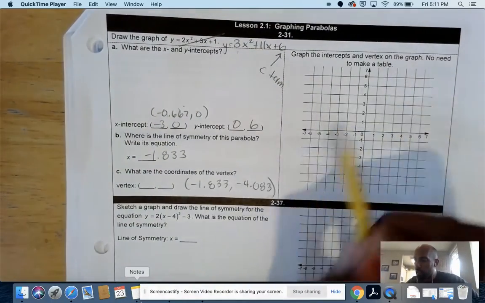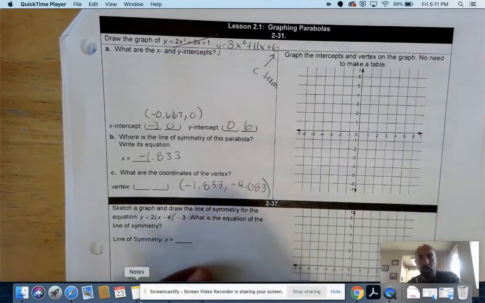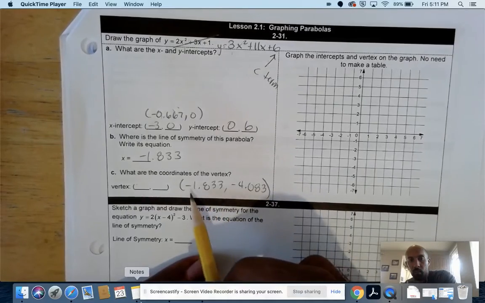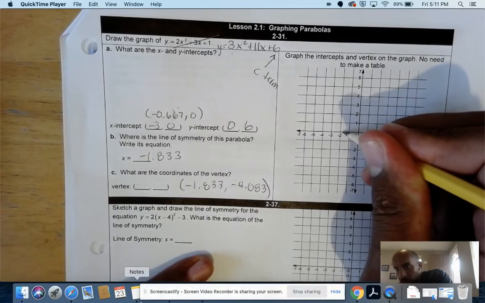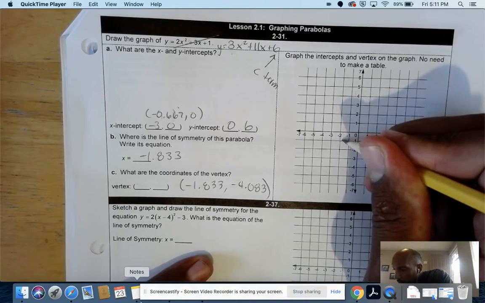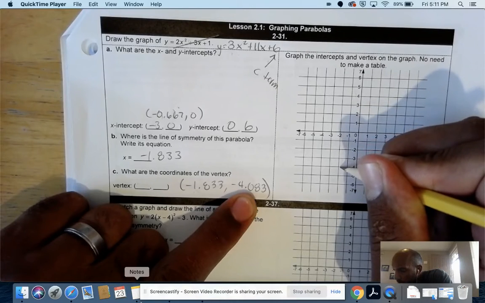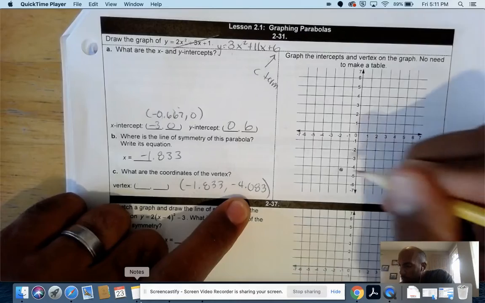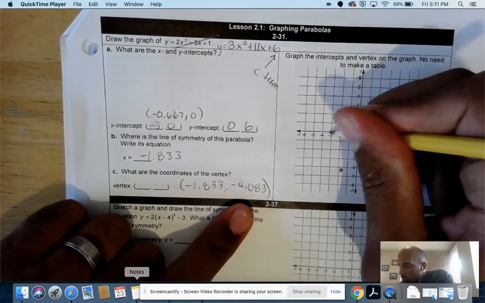Then it just asks you to sketch that. We've got all that important information, so now we can sketch it out. First we plot the vertex: -1.8, so pretty close to -2, and then we go down to -4, just a little bit past -4, about right there. It doesn't have to be perfect. Then I have one x-intercept at -3, 0.